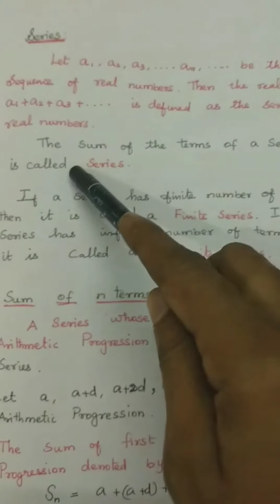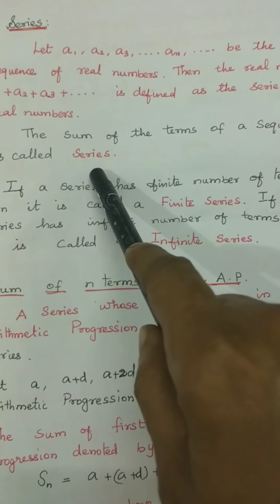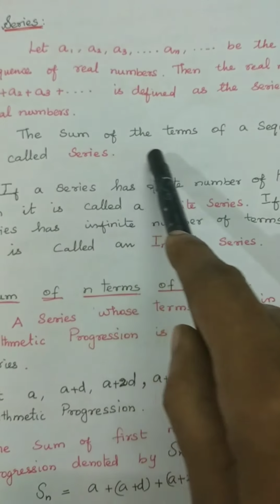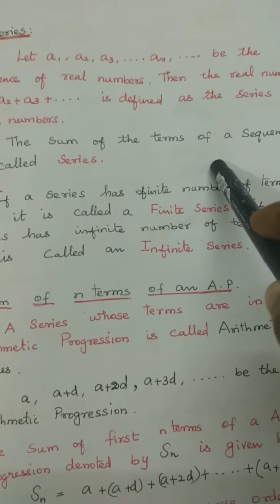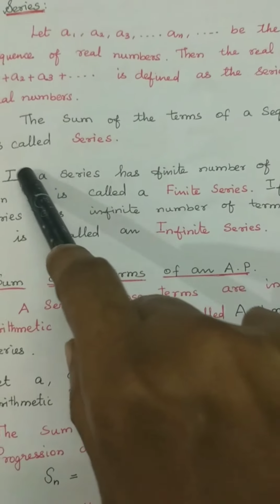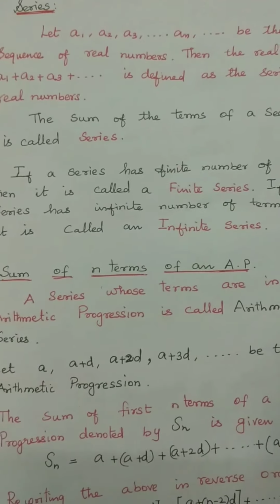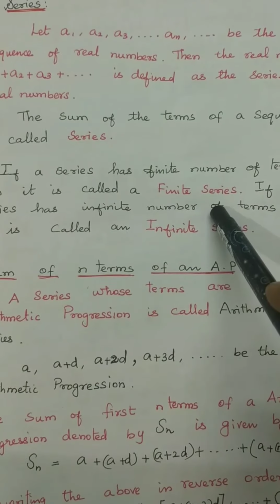Now, the sum of the terms of a sequence is called series. We are adding the terms of the sequence, that we call series.